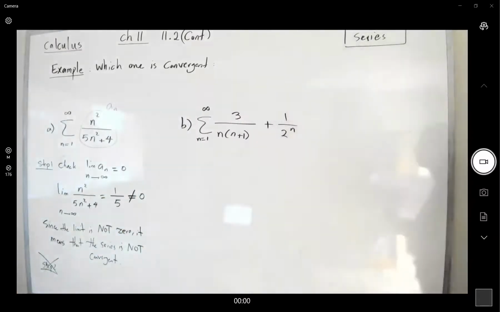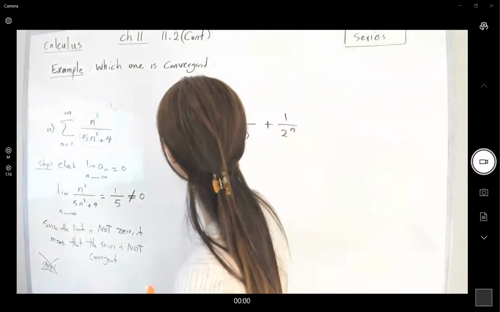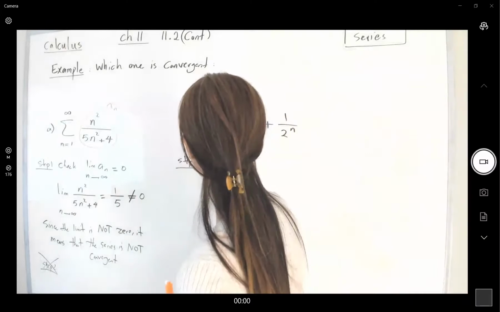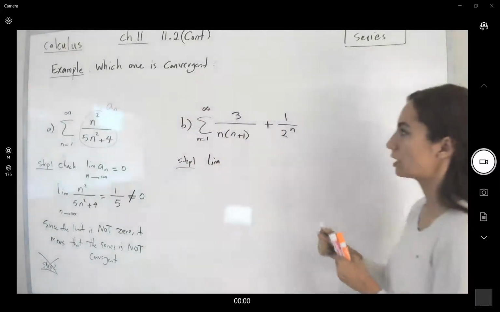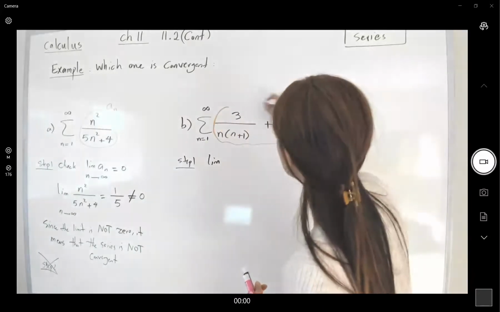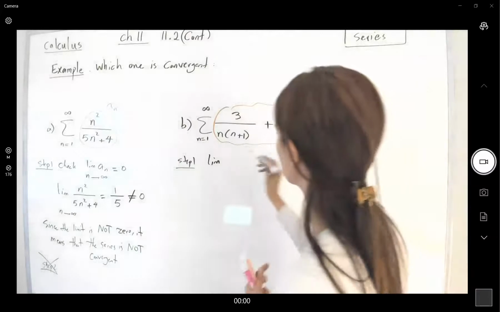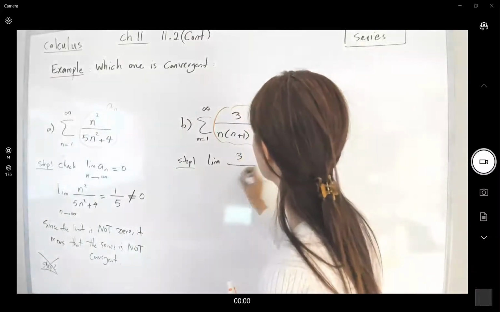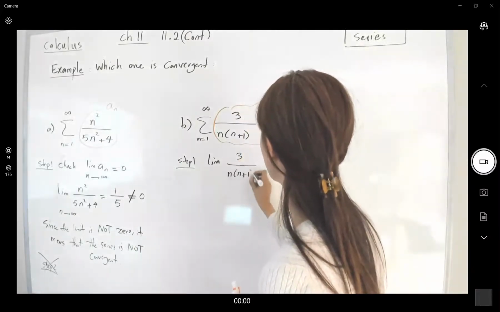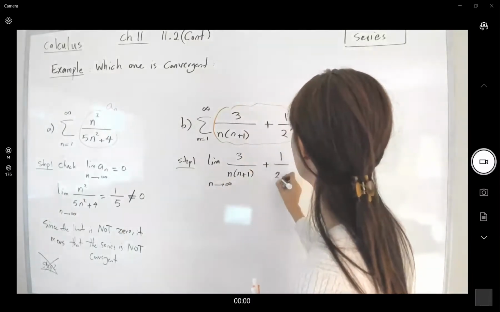What about this guy? Okay. Step 1, let's check the limit of a_n. What is a_n? Here it is the sum of these two quotients. It's not very hard to analyze this. We have 3 divided by n times n plus 1 as n approaches infinity, plus 1 over 2 to the n.